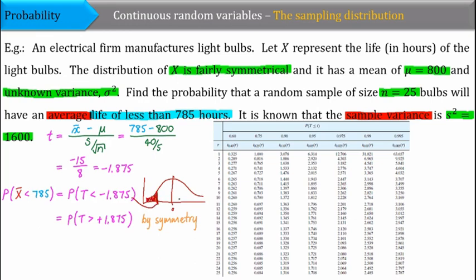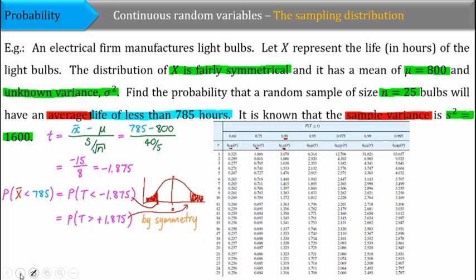We're interested in that area, that probability, but it's going to be the same as that one, and here we're going to have positive 1.875. And we know that we can find the greater than probability on our t-table because of the little subscripts over here. Remember the top one is the cumulative, the bottom one is the complement, and here we want the complement of the cumulative.